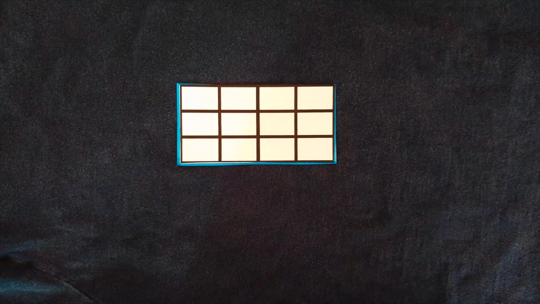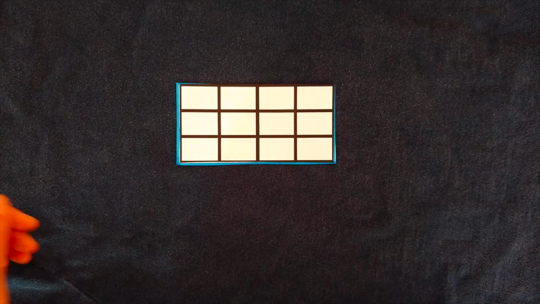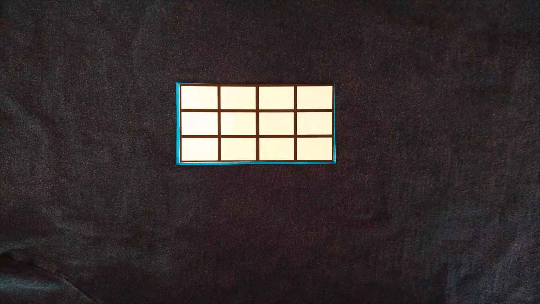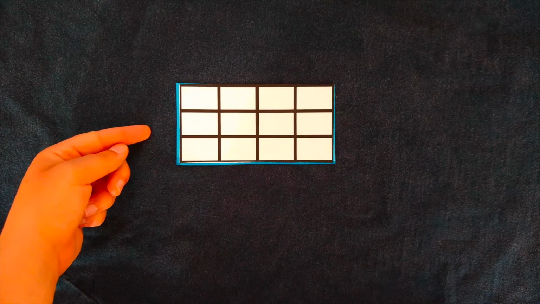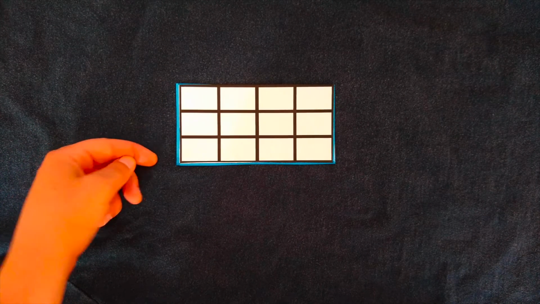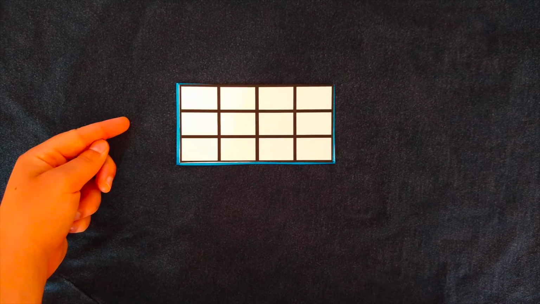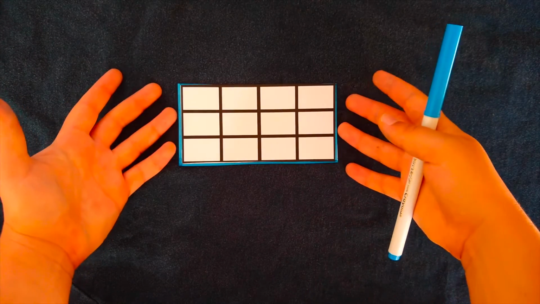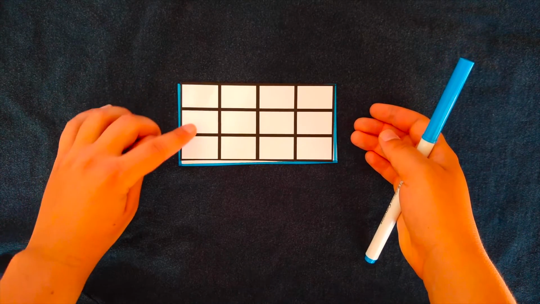Are each of these squares equal in size? Yes, now that is important. With equal smaller areas, we can find fractional areas of this big rectangle. A fractional area is part of the area of a whole shape after you have split it up into equal pieces.